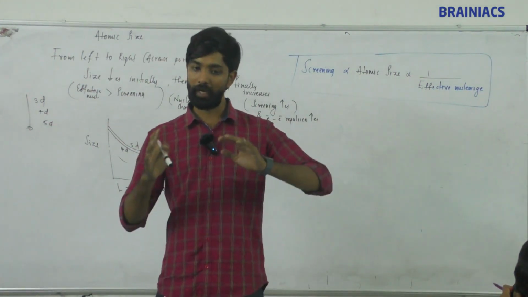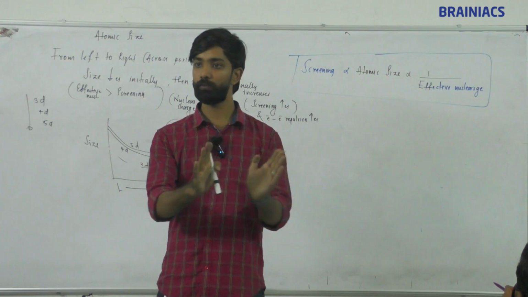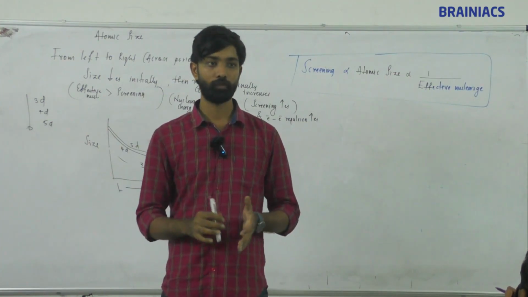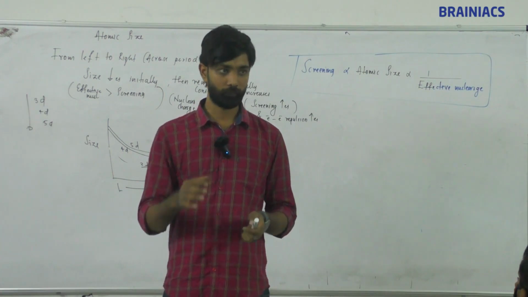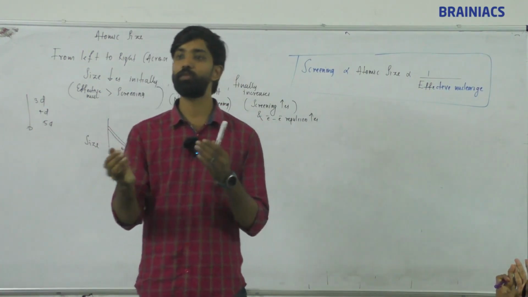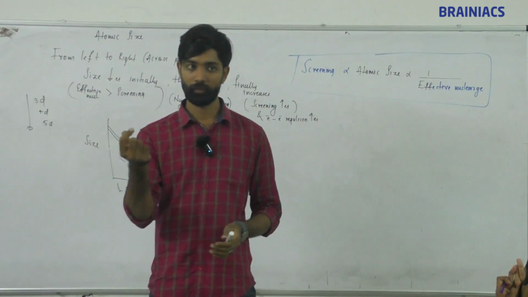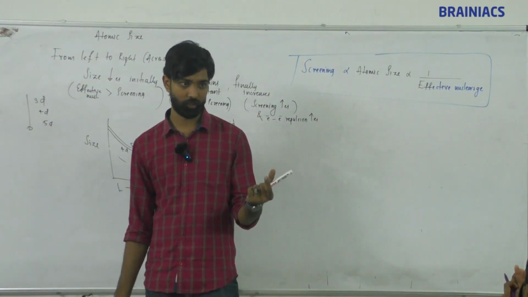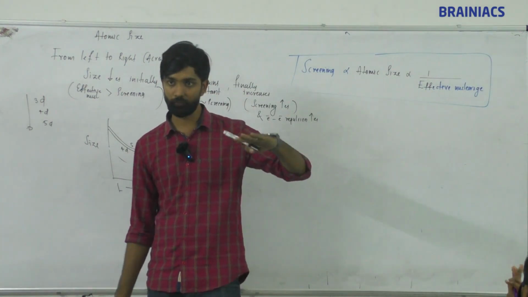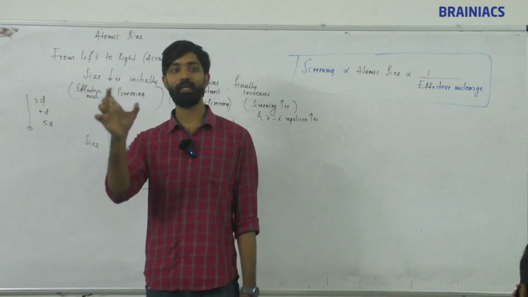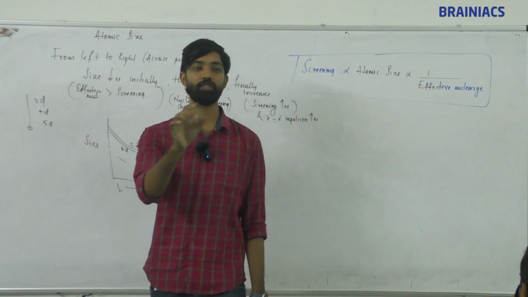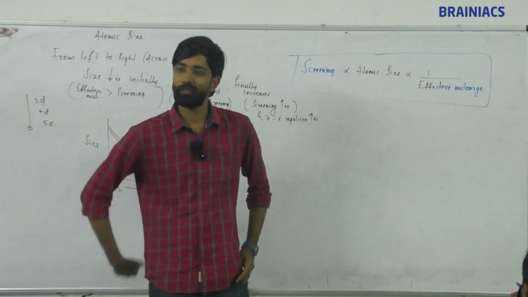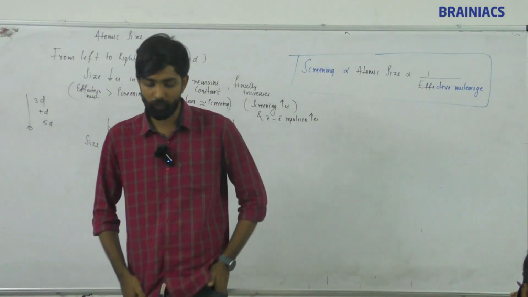Therefore, ionization energy generally increases from left to right, but the variation is not much. Neighboring members have a small difference in ionization energy, due to the size.